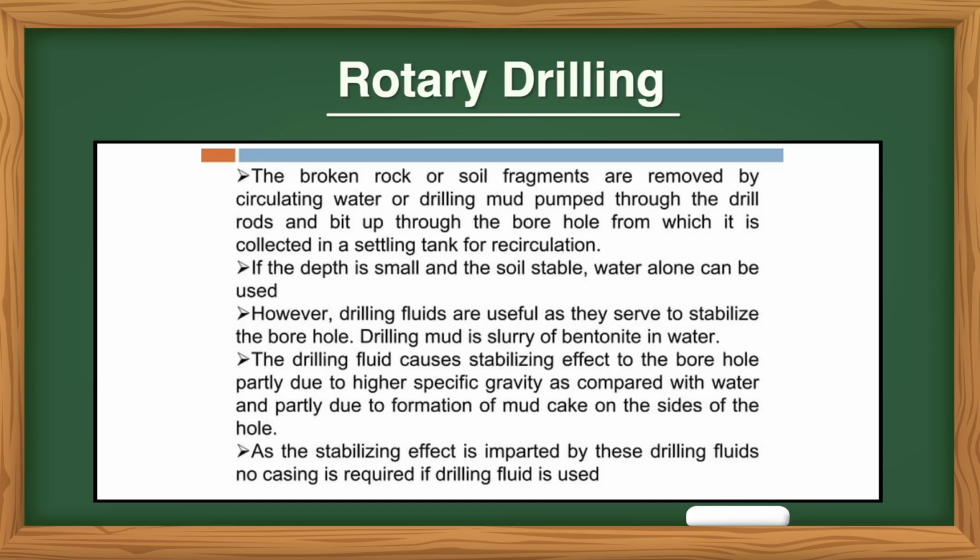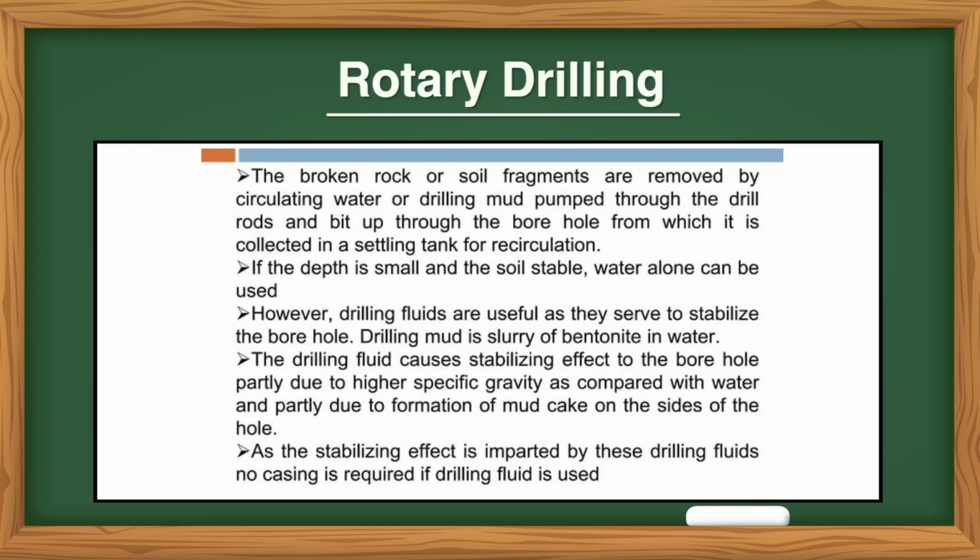If the depth is small and the soil stable, water alone can be used. However, drilling fluids are used as they serve to stabilize the borehole. Drilling mud is slurry of bentonite in water.